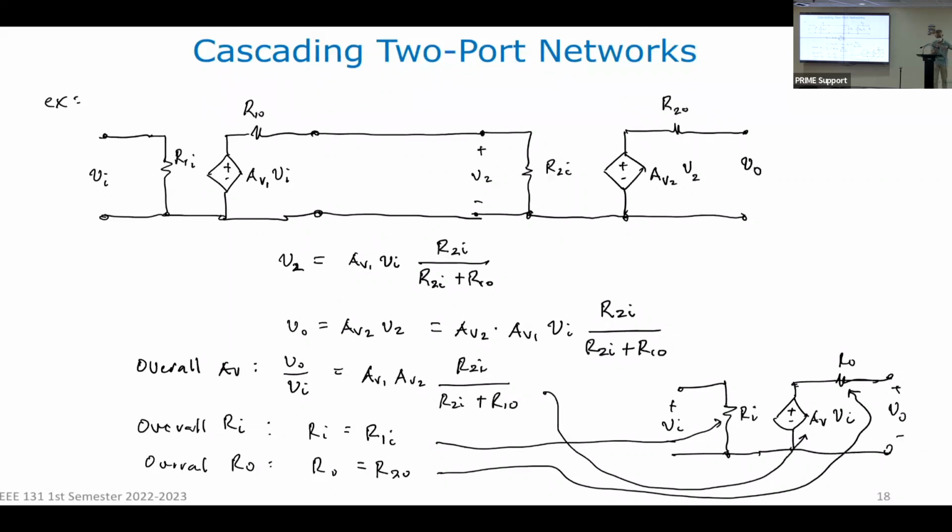Just a matter of working out the overall expression for AV, for RI, and for RO.